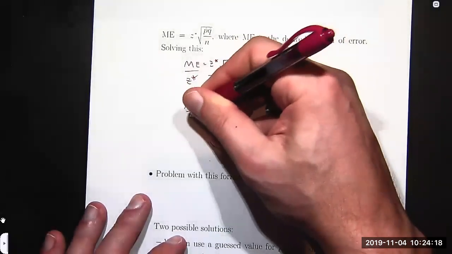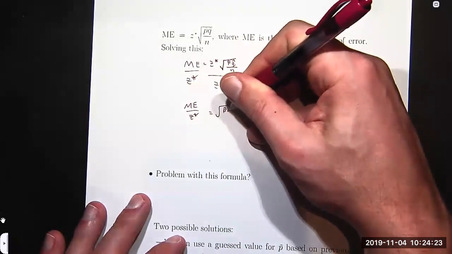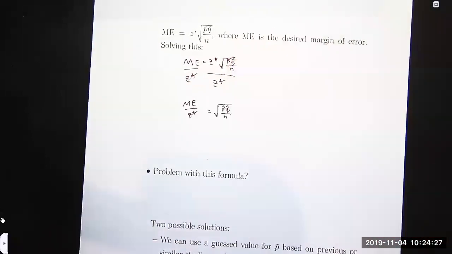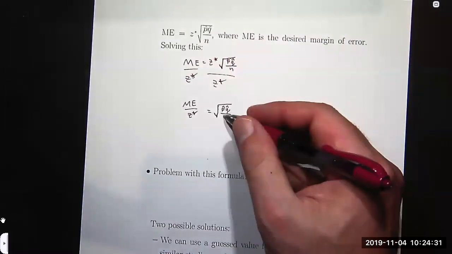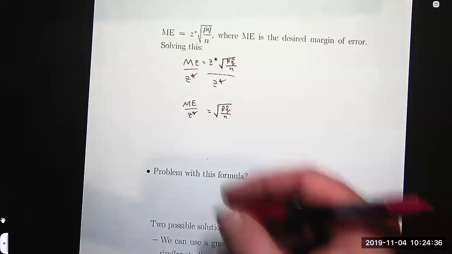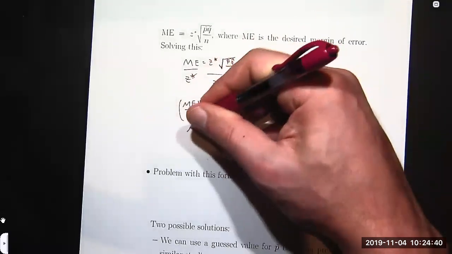So we got the margin of error over z star equals square root of p hat q hat all over n. Now we take the square of both sides, get rid of that square root sign, because we want to end up with n equals. Square both sides.